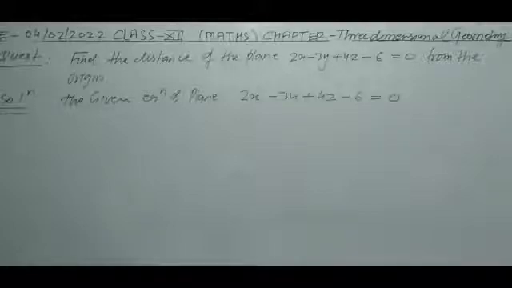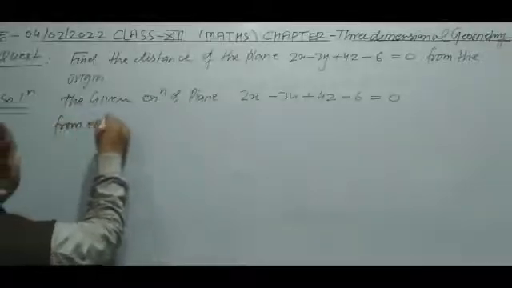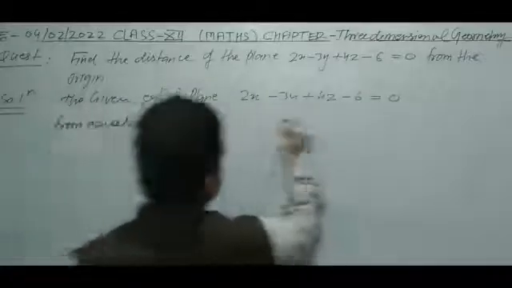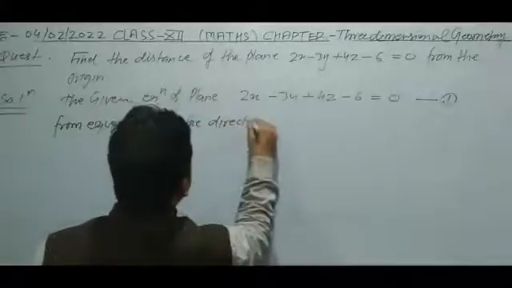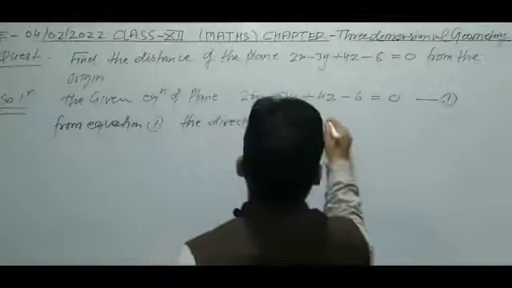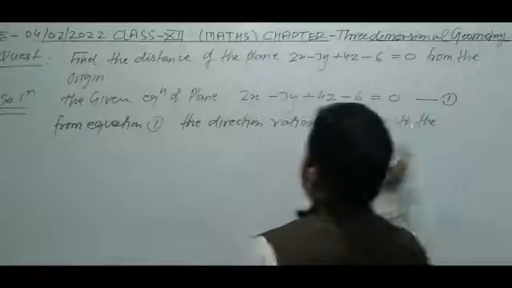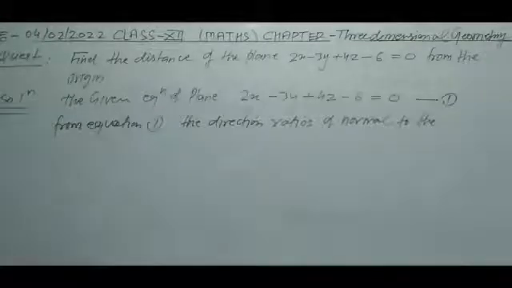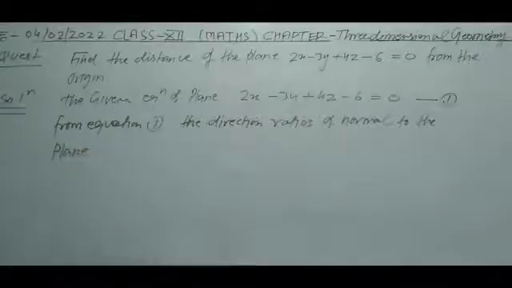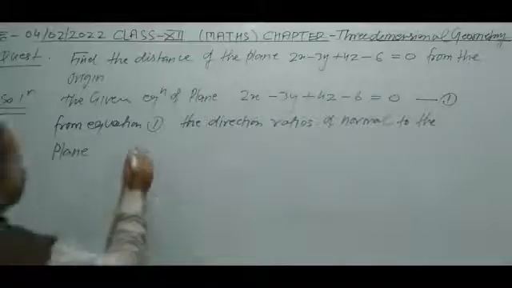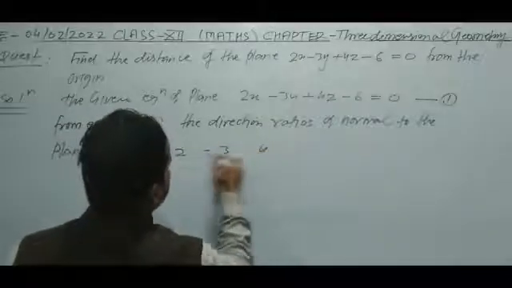Since the direction ratios of the normal to the plane, from equation 1, suppose this is 1, are 2, minus 3 and 4. This is the direction ratios.